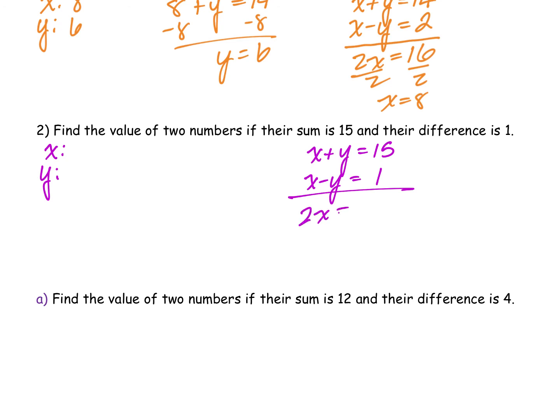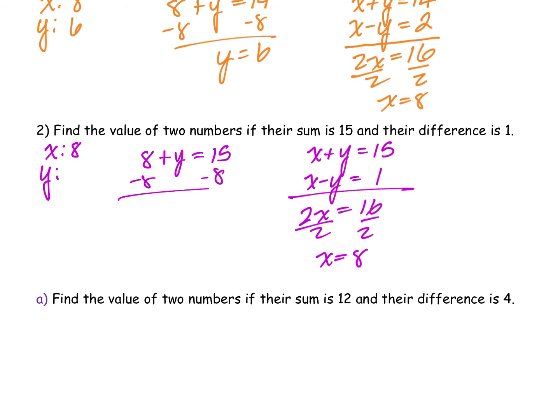And I do exactly the same thing we just got done doing. So 2x equals 16, divide by 2, x equals 8. And then 8 plus y equals 15. And y equals 7.